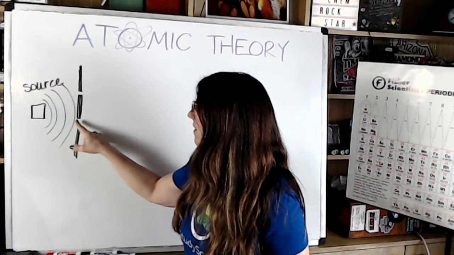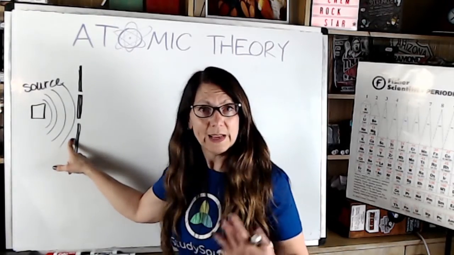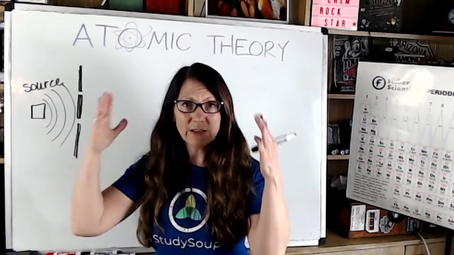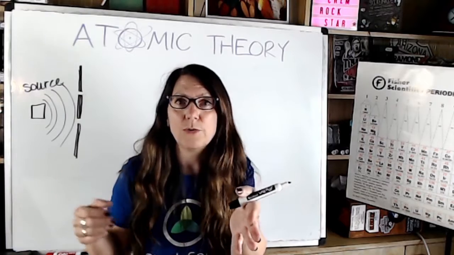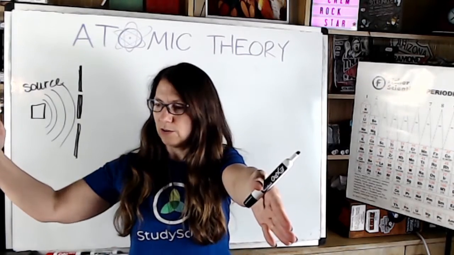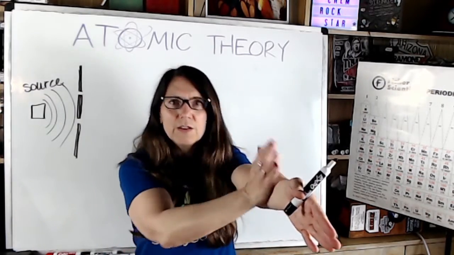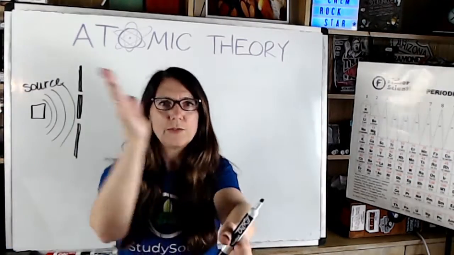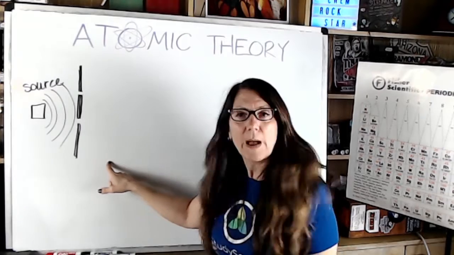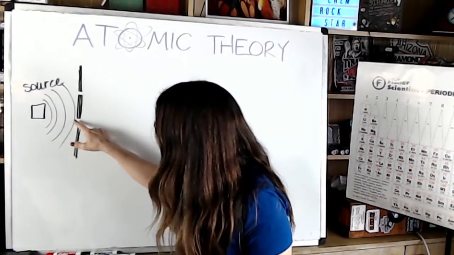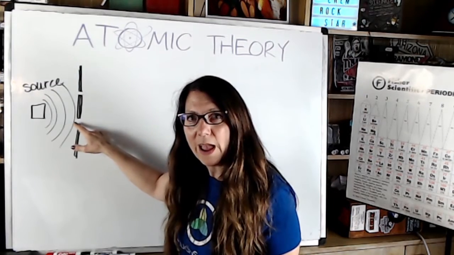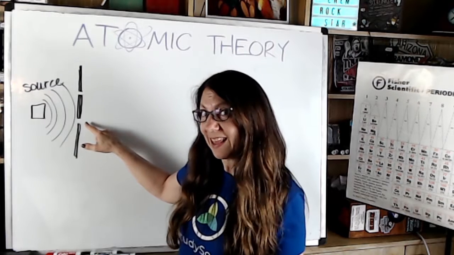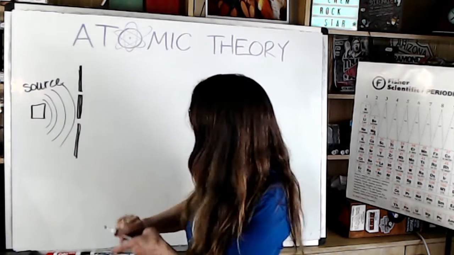Okay, so then what happens? Well, when it hits the wall, and this is easier to imagine if it's water, what does it do? Hits the wall, sloshes back, right? So that's not going to keep passing on through, but think of this little part of the wave that's coming up to this slit, and it can go through.